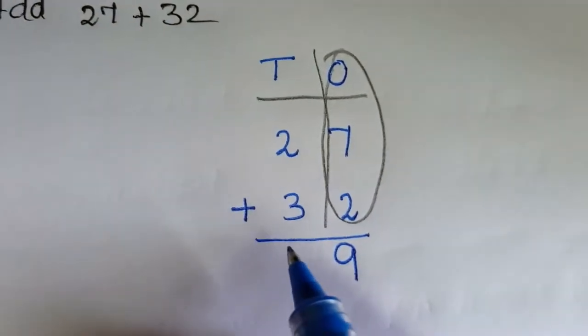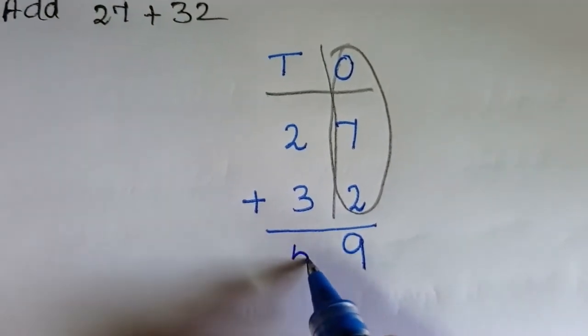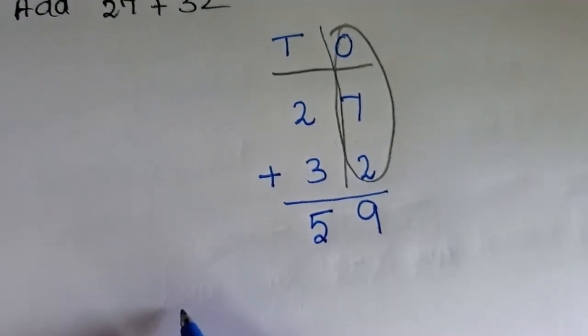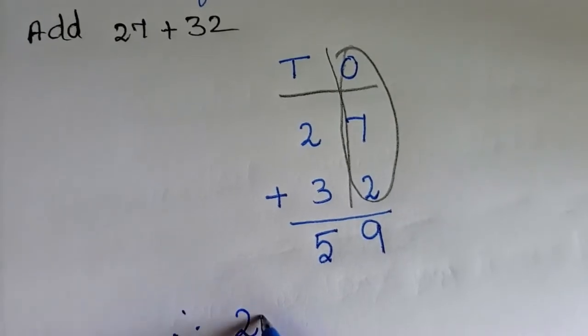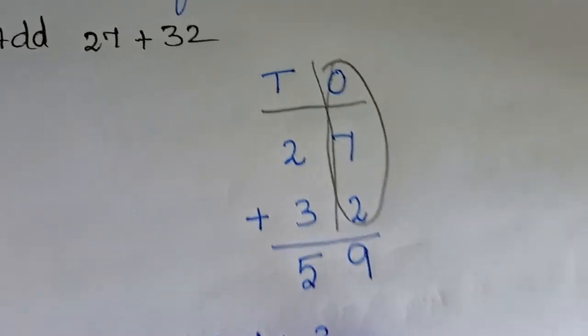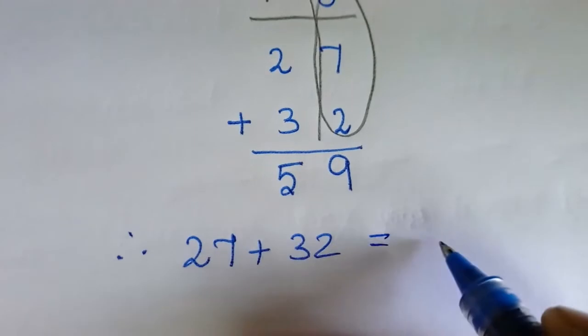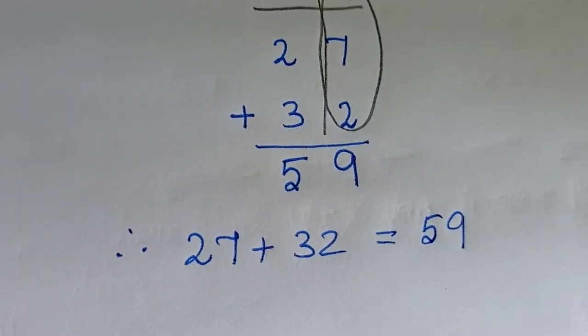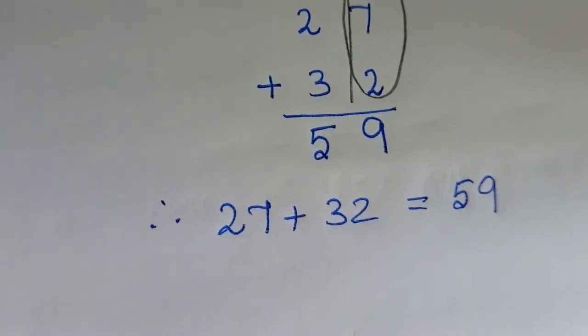So the answer is 5. Write it in the tens place. So 27 plus 32 is 59. Okay children, now let's do one more example.